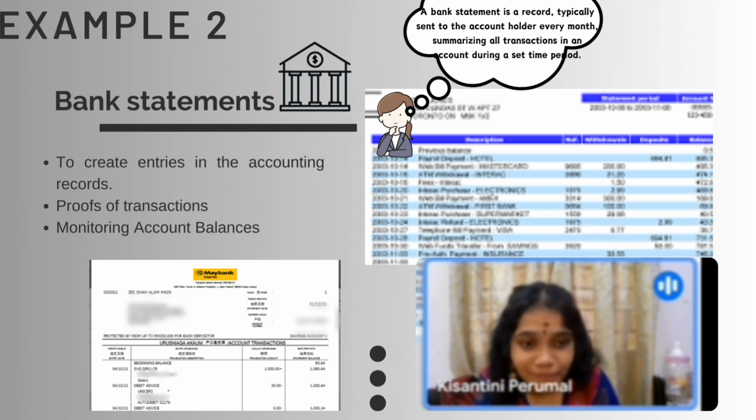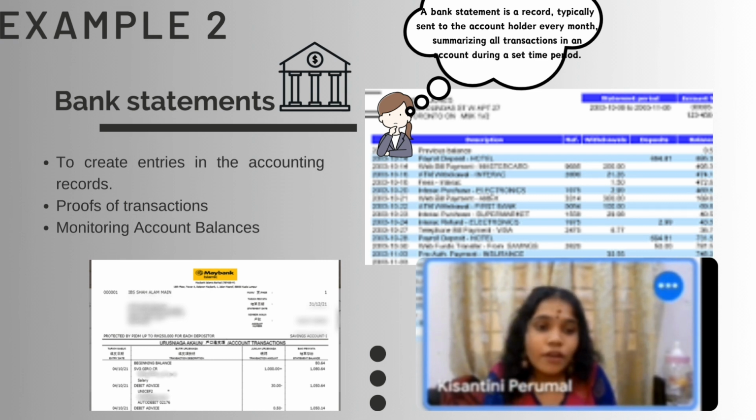The bank statements keep track of each deposit, withdrawal, check that is written, electronic transfer, and other transactions. Accurate record keeping and the tracking of financial operations depend on this documentation.